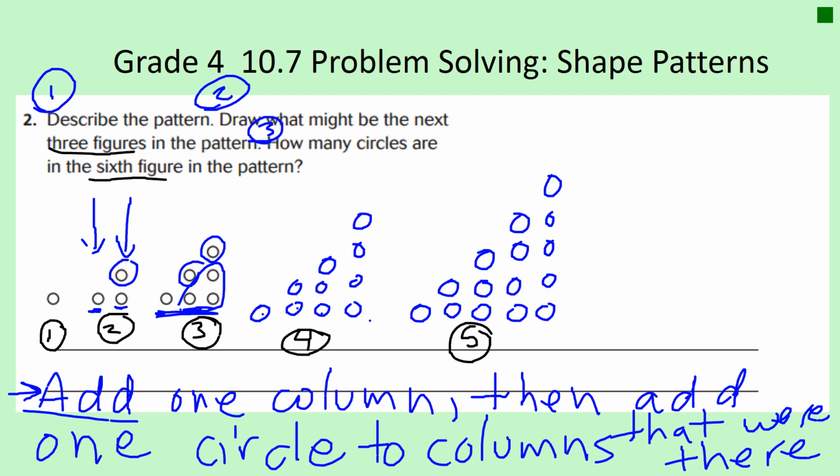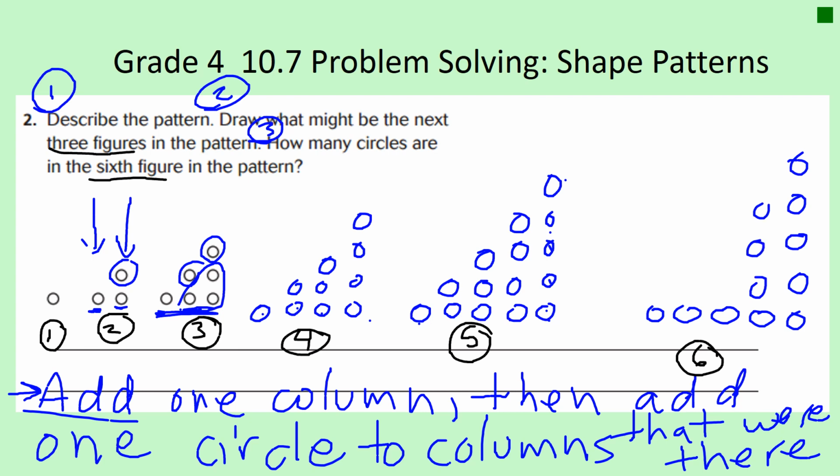Okay, figure 6. I always like to number my figures when I'm doing patterns like this. It just helps me. All right, so figure 6. Let's draw what we already had. 1, 2, 3, 4, 5 across the bottom, and then it's 5 up too. So we have to add 1, 2, 3, 4.